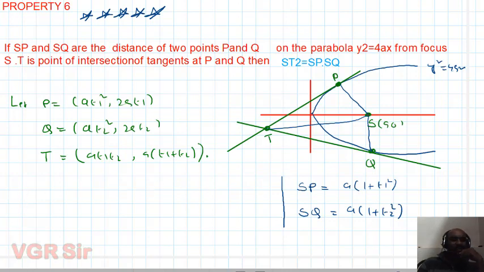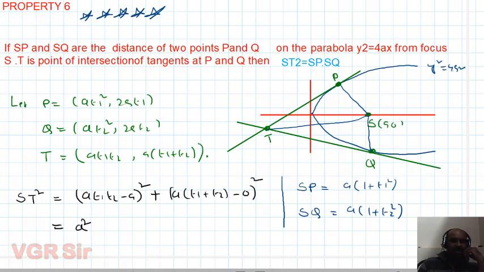Now what I want to find is ST square, the distance from S to T square. Using the distance formula, it is a t1 t2 minus a whole square plus a times of t1 plus t2 minus 0 square, which is the same as, here a square we can take in common: t1 t2 minus 1 whole square plus t1 plus t2 whole square.